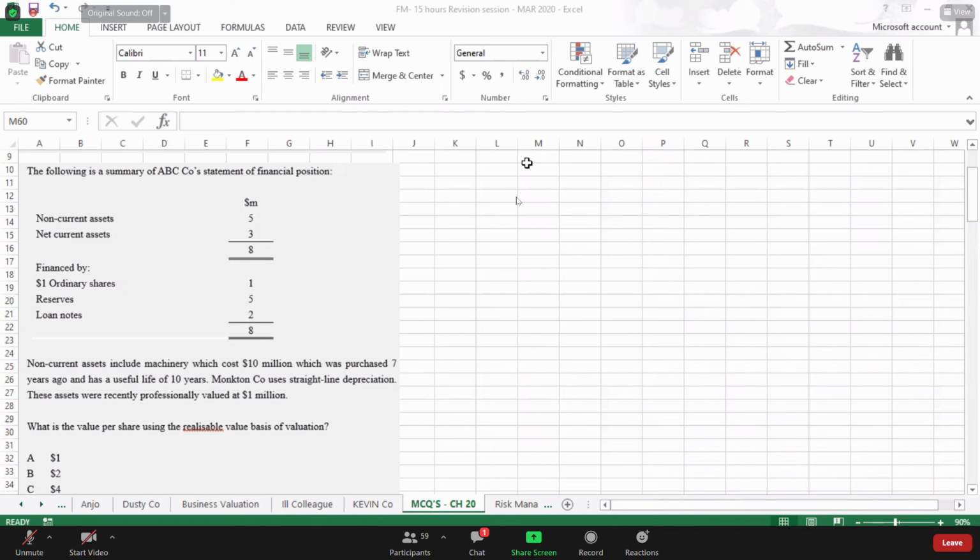No, that's not the answer, Tony. Okay, Joe, how did you do it? Non-current assets and net current assets are given, total assets, but they're saying non-current assets include machinery, which cost 10 million, was purchased 7 years ago and has a useful life of 10 years. The company uses straight line depreciation and the assets were recently professionally valued at $1 million.